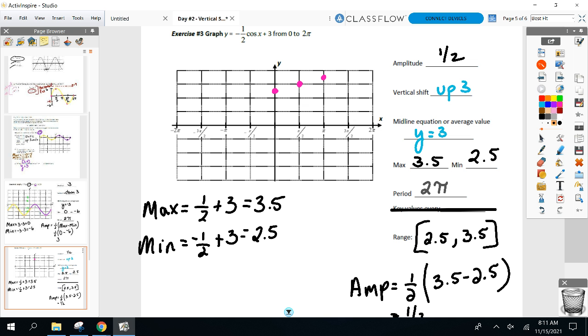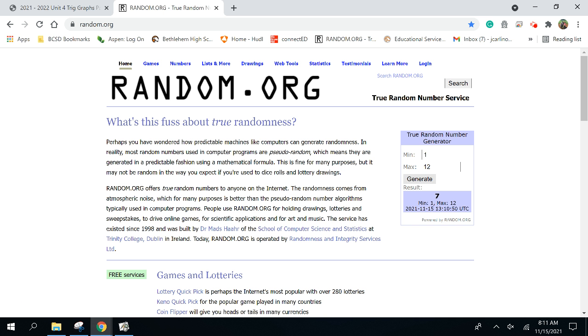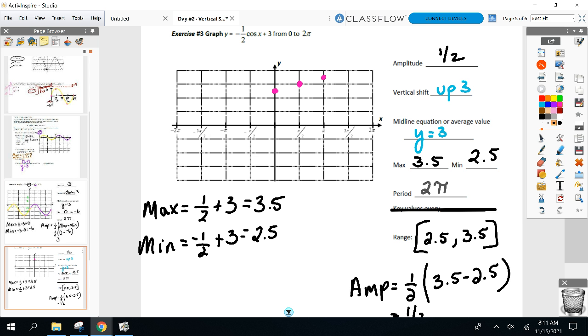Then 0, minimum. Where does it go next? After the minimum, it usually goes back to your 0, which for us in this problem is the shift, 3.